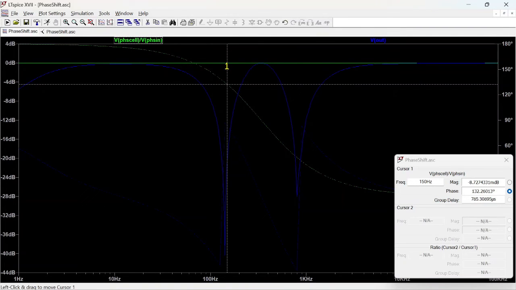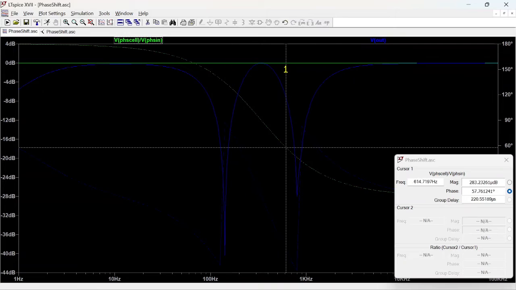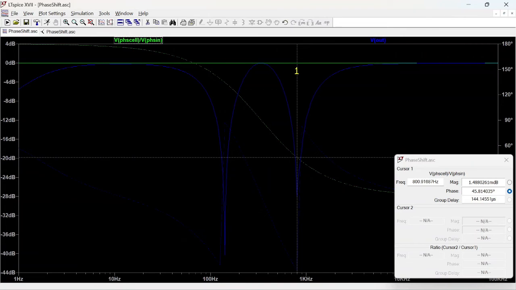So if I look here first, the frequency here is 800 hertz, roughly. But notice the phase is 45. So we have 4 stages that shift our phase 45 degrees for an 800 hertz signal. So 4 times 45 is 180 exactly. That's where one notch is.